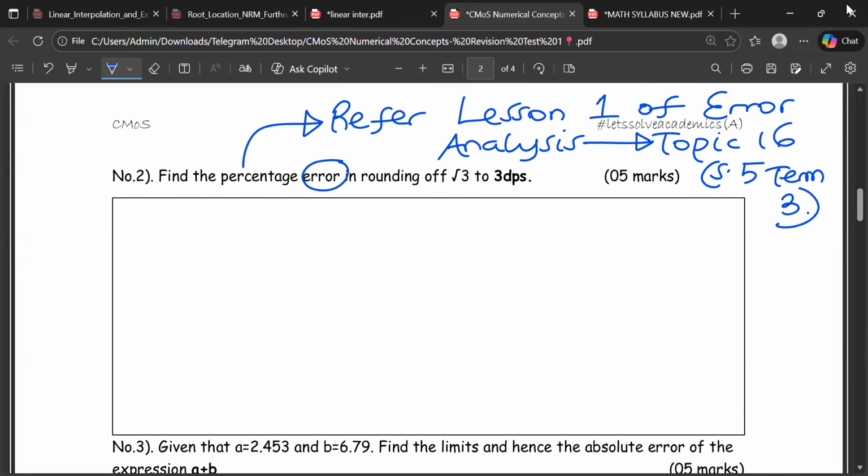Yeah. You can take that screenshot and show it to friends. I've given you the directions. Topic 16, the very first one in senior 5, term 3, error analysis.